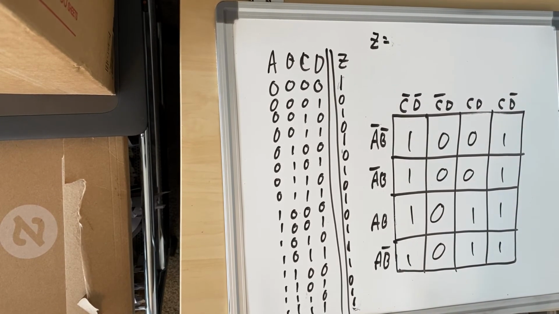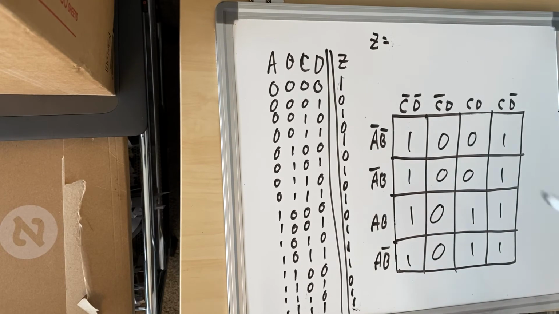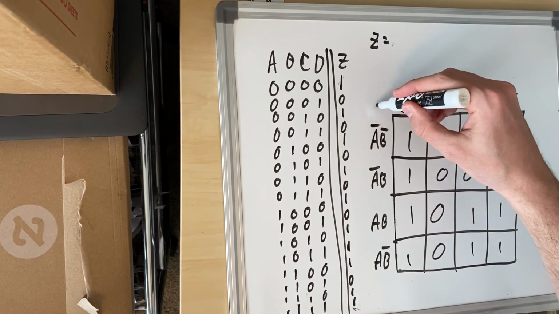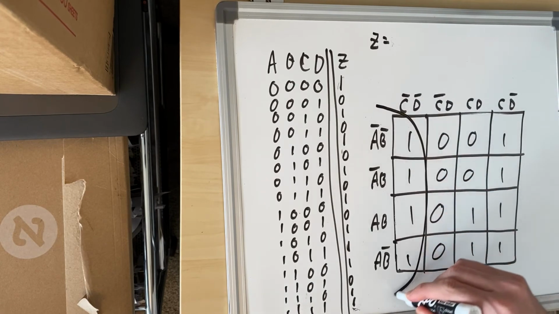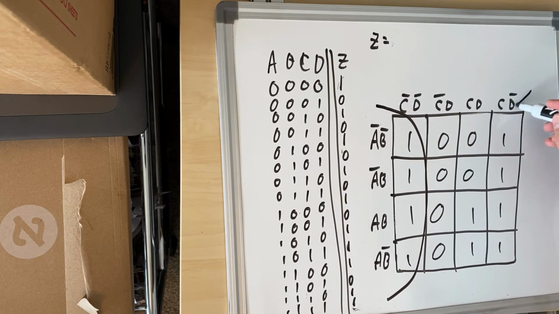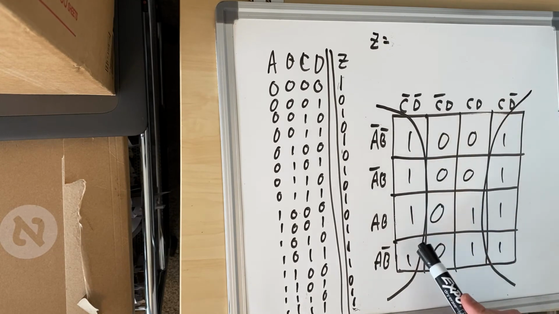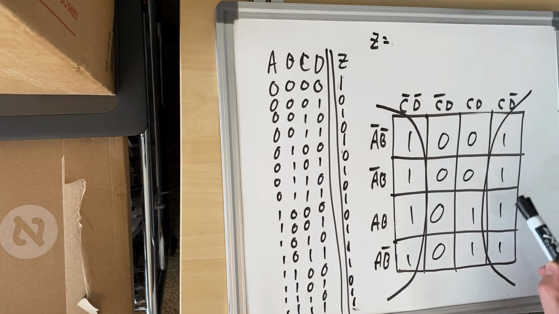So, do we have a group of 16? No, we don't. Do we have a group of 8? Some of you may say, no, we don't have a group of 8, but we actually do. I did this on purpose. This guy is combined with this guy. 1, 2, 3, 4. Over here, 1, 2, 3, 4.